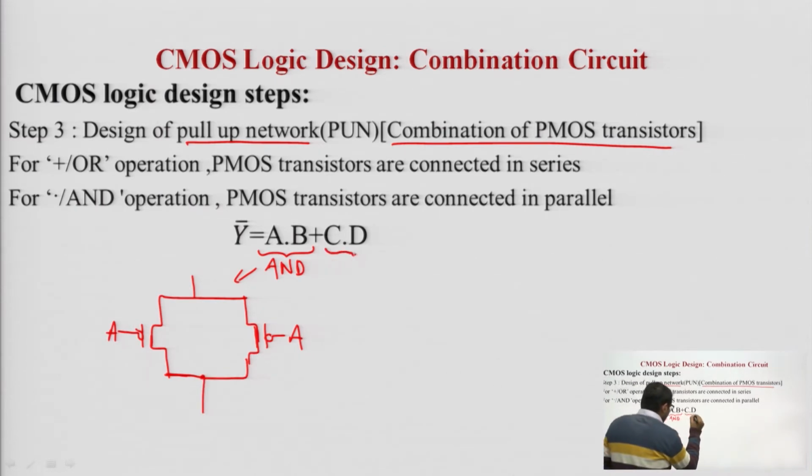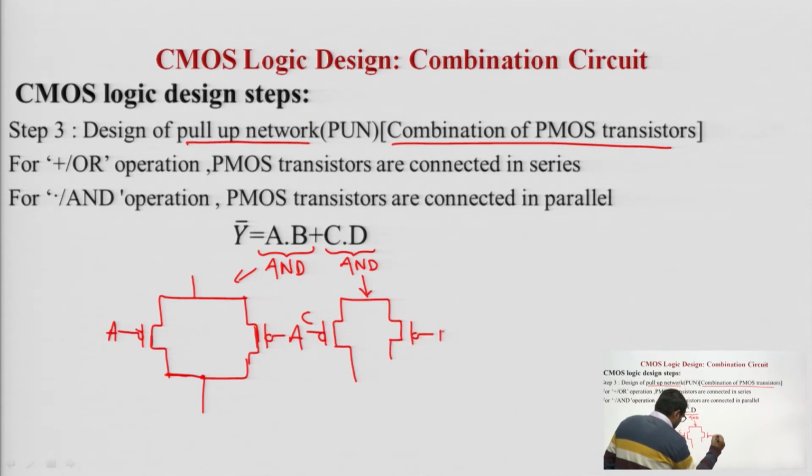Here also C and D are ANDed. Between C and D we follow the AND operation, C dot D. This one C and D are also connected in parallel, and both A dot B and C dot D are connected with the OR operation.